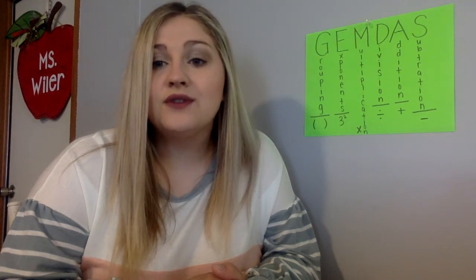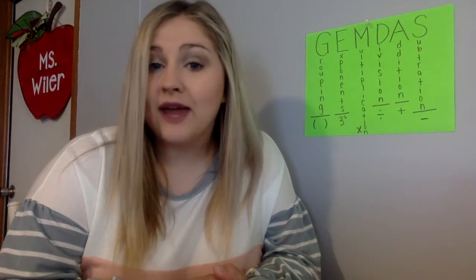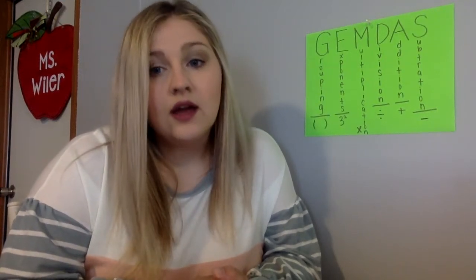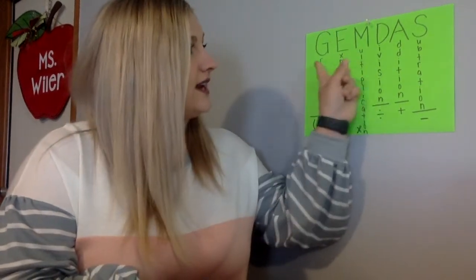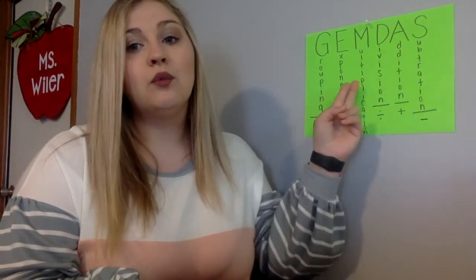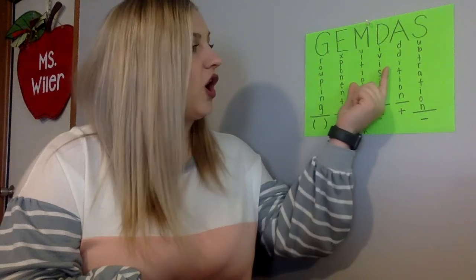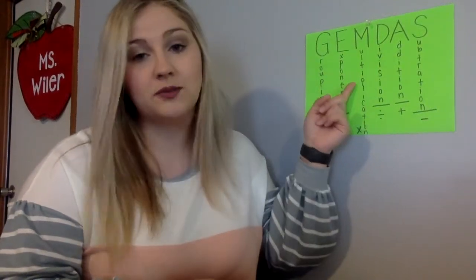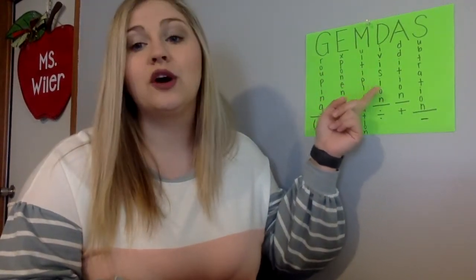Okay, if you said that multiplication would come first, think about it again, okay? Even though it comes first in our little saying, multiplication and division are together as one almost. So whether multiplication or division came first, you have to do whatever comes first. So even if division is before multiplication, we need to do our division first.